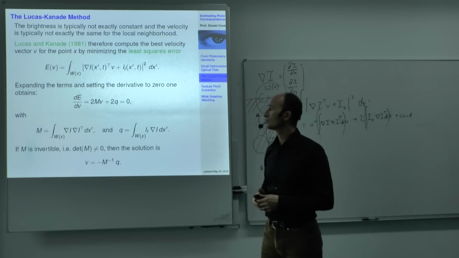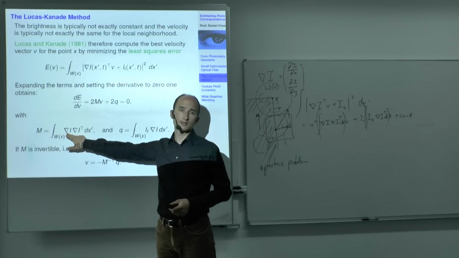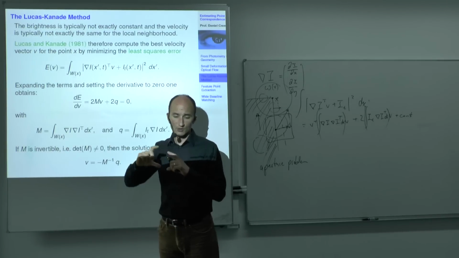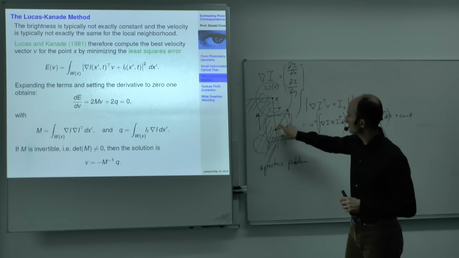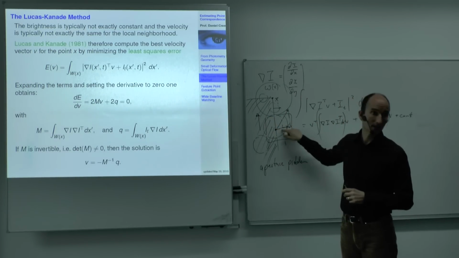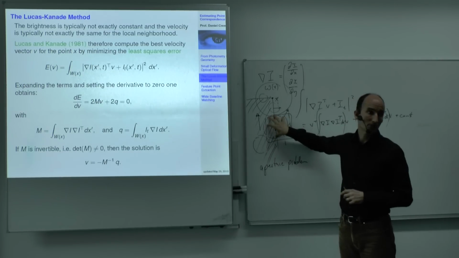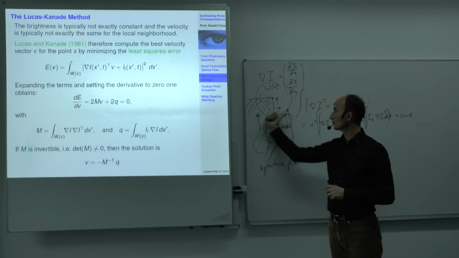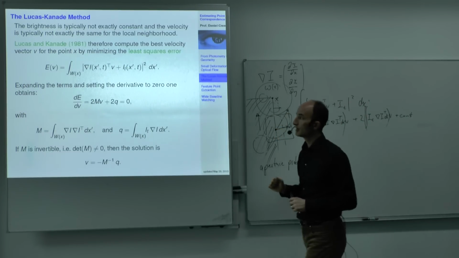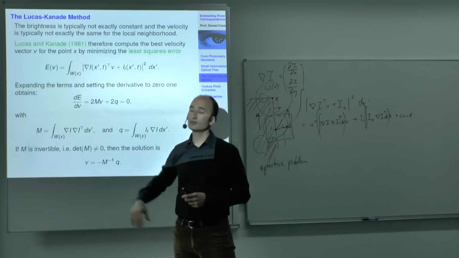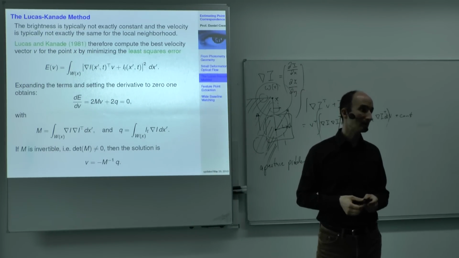I should say there is one additional case, and that is if the gradient is constant in the window, or at least constant up to a scale. Let's say we are looking at an edge in the image, so a black and white edge, and the window is somewhere over the edge, then all gradients, no matter where you estimate them, will be pointing in that direction. And then you have a somewhat degenerate case. You will have a matrix M that is not zero, but it only has one eigenvalue.